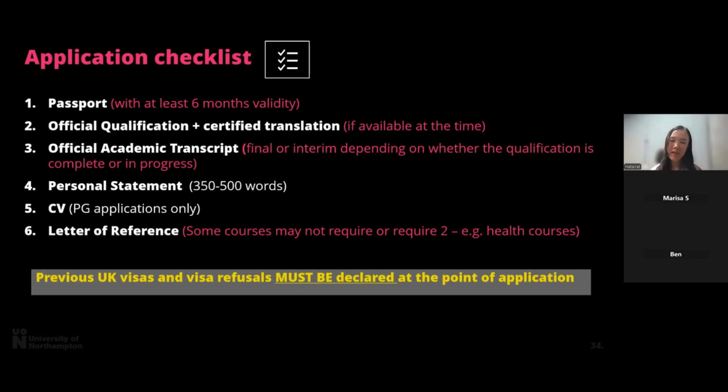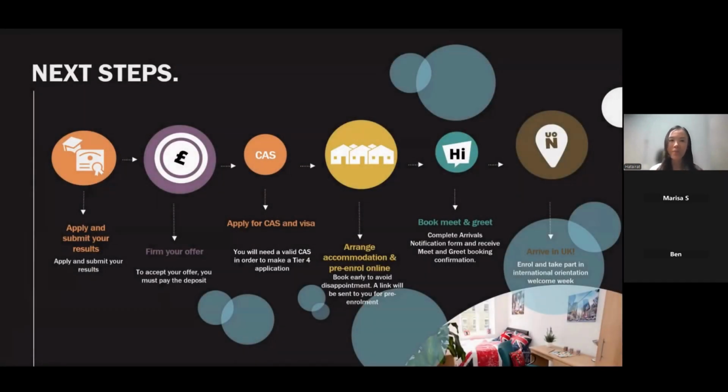There is no application fee, so I encourage any student who would like to apply for a scholarship to send their documents. Okay, so you will receive the offer letter. After you submit your documents to us, you will get the offer letter.